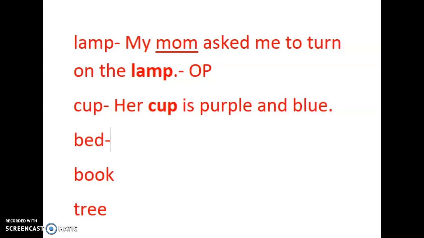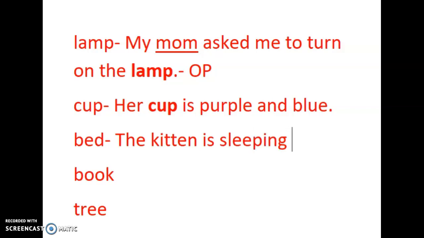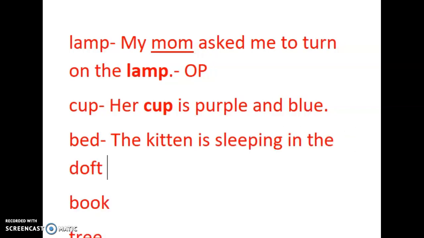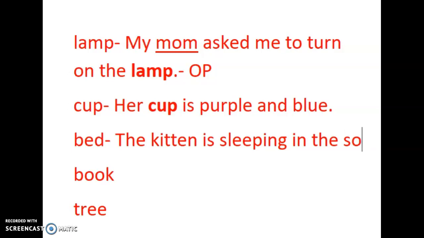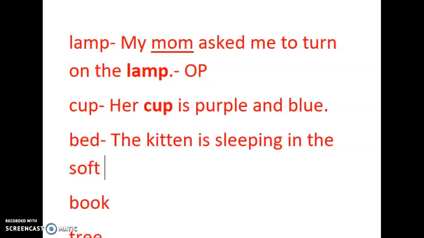Bed. I need to slow down. There we go. The kitten is sleeping in the soft bed. So bed is the noun that I used.